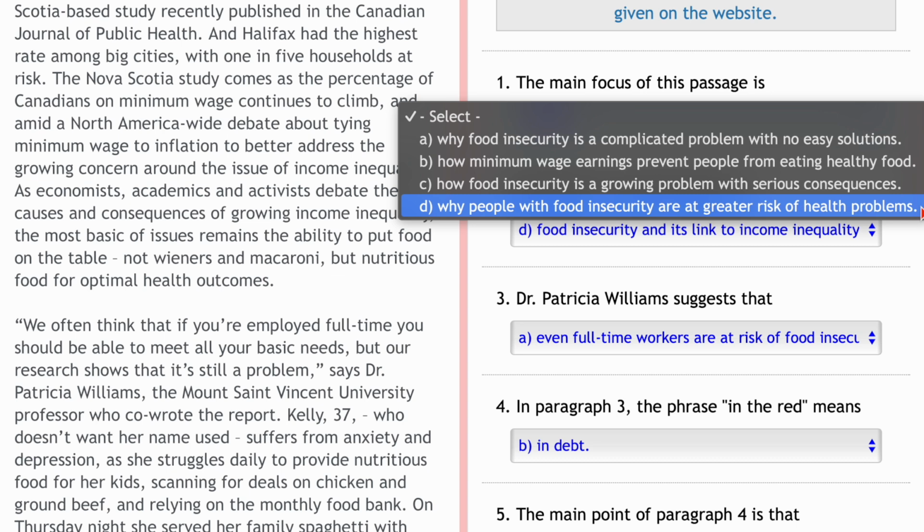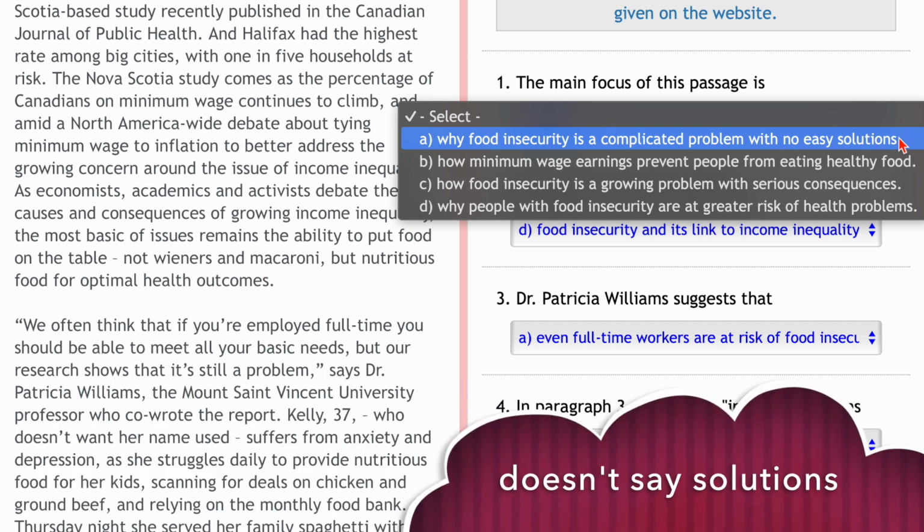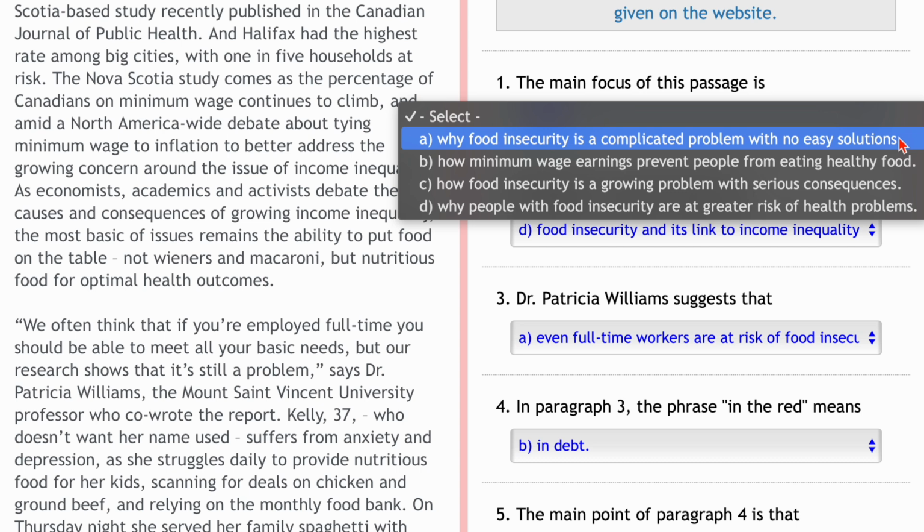So, well, it's not A, right? Because it didn't really talk about the solutions. Didn't focus on what solutions could be good, which ones are difficult. There's no easy answer. No.